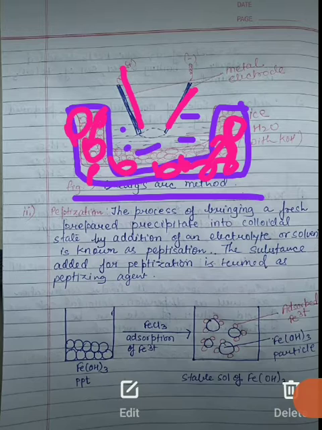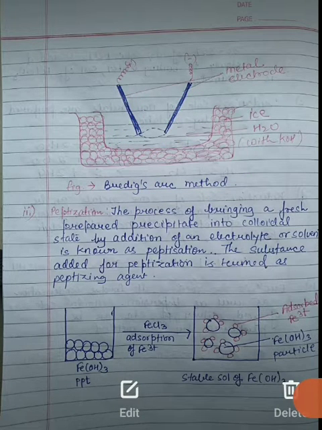Now students, when we apply a high voltage electric current, an arc is produced between the electrodes. Because of this arc, the electrode vaporizes, and then condenses immediately in the liquid solution to give the colloidal sol.